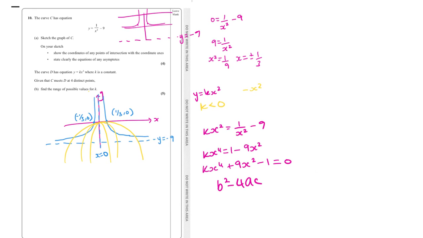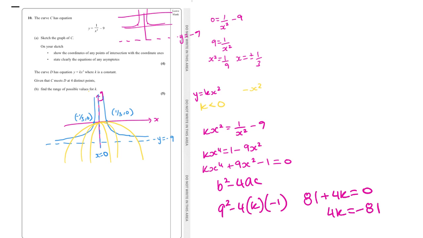So we can use the discriminant on this. So I have 9 squared minus 4 lots of k, lots of negative 1. So we'll have 81 plus 4k equals 0. So 4k equals negative 81. k equals negative 81 over 4.